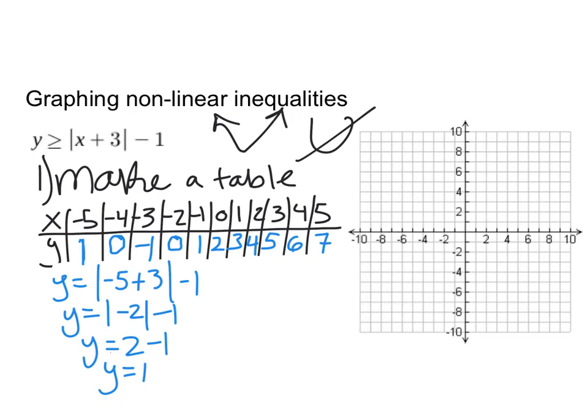Maybe you can start doing them in your head, but that's the process. Okay, so now go ahead and plot those points on the graph, and since this has an or equal to, then it's okay to draw in the line. Do it now. And since just like a parabola, it's going to need to be symmetrical, even though we didn't find the points for them, you can fill in those points on the other side and then draw in your line.